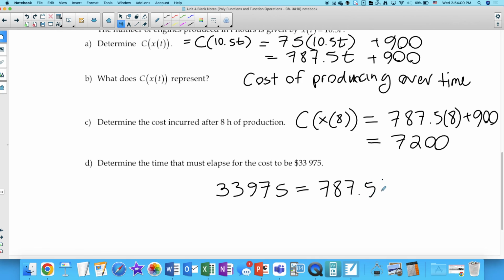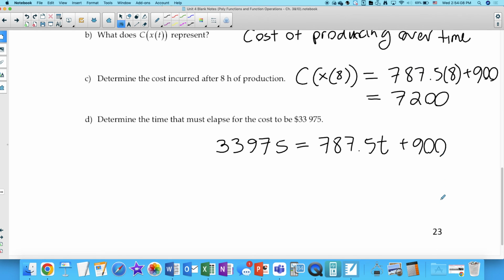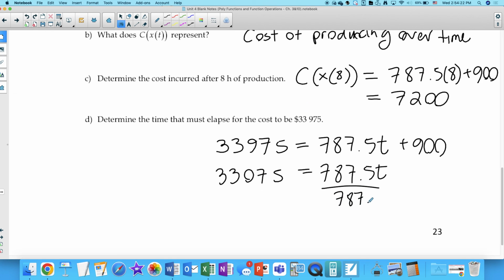We'll subtract 900 from both sides, and then we will divide by that. I don't know, what is that? 42? No, that sounds right to me.